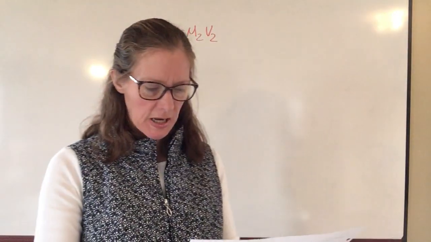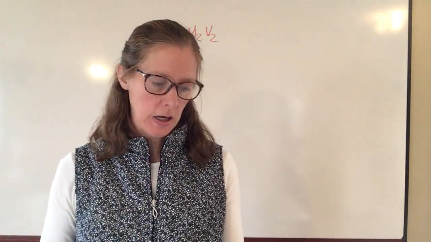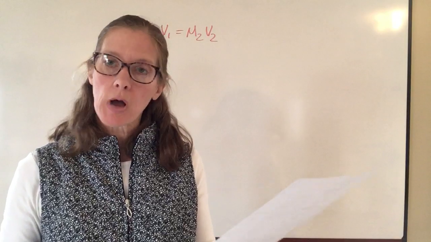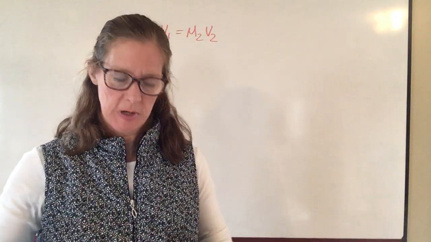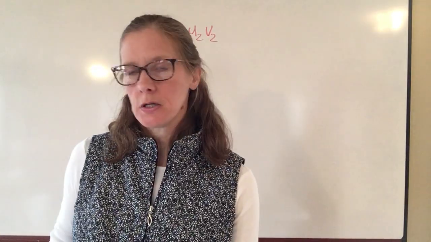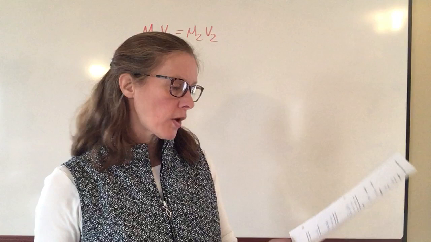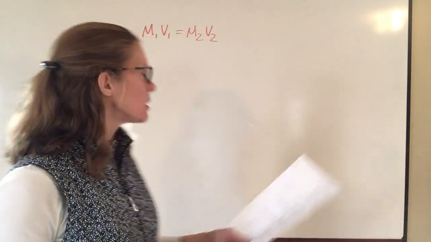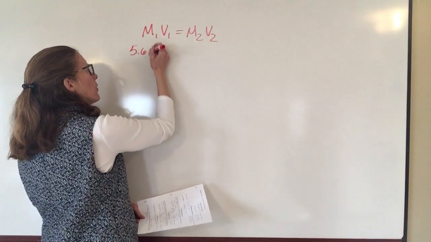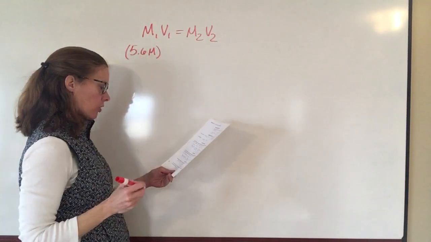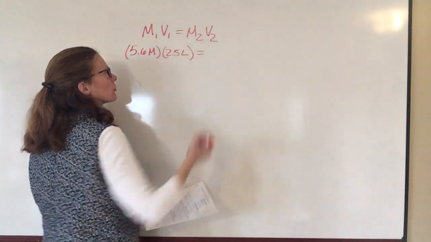The second problem says, if you dilute 2.5 liters of a 5.6 molar NaOH solution to make a final volume of 10 liters, what will the concentration of the new solution be? This time I'm not asking you how to dilute it, I'm just asking you what the final concentration is. I'm starting with a molarity of 5.6, and I started with 2.5 liters.